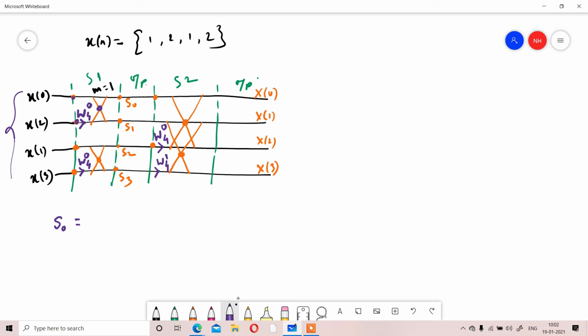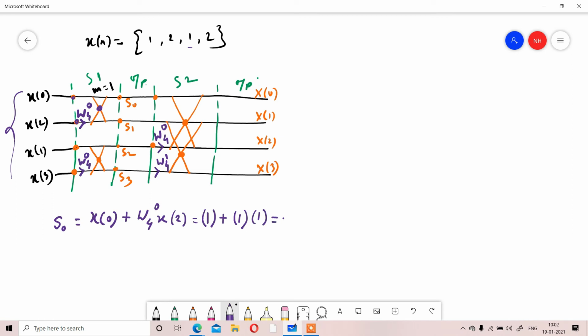S0 is the positive part of the butterfly. So S0 will be x0 plus W40 x2. The value of x0 is 1, plus the value of W40 is 1, and the value of x2 is also 1.